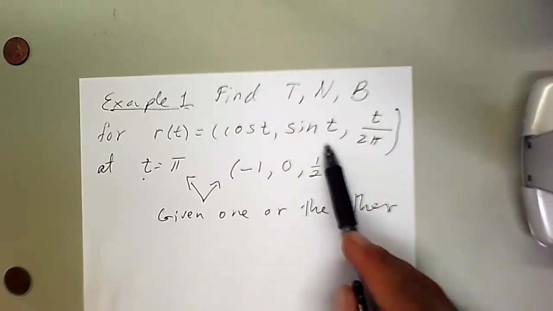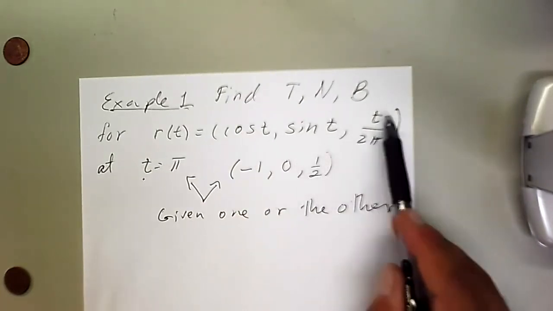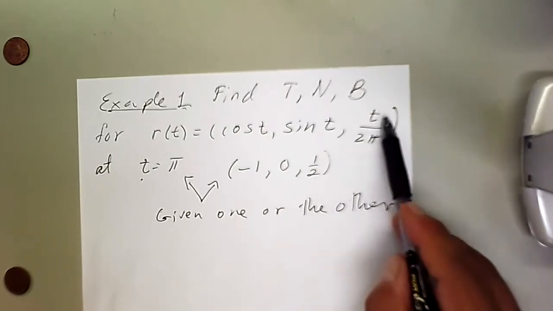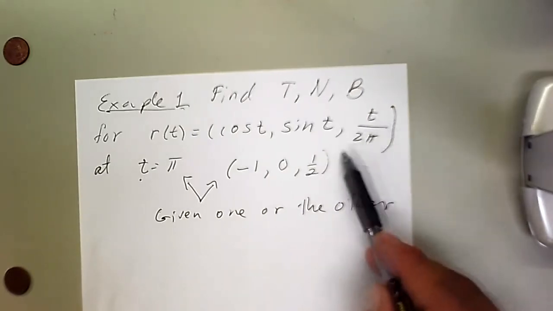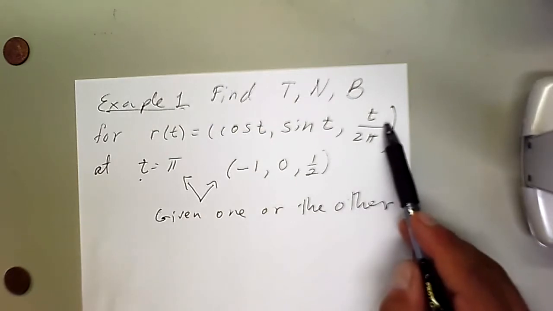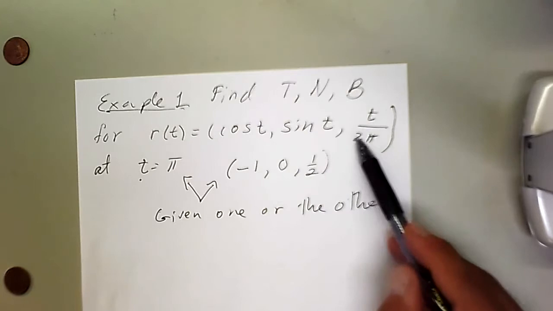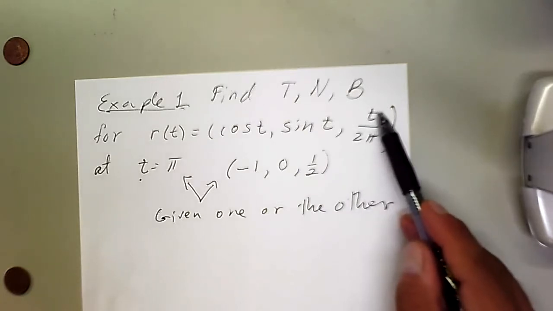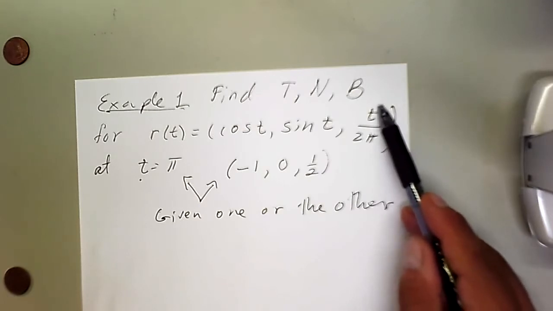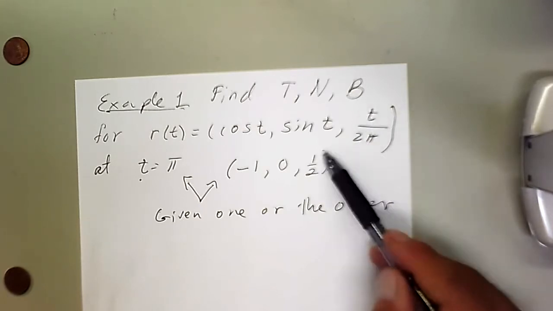For instance, I would clamp onto this guy, because that is a linear function, and in this case it is 1-to-1. So once you know this is a half, you match 1/2 to this, and you realize that t has to be pi, so that when you perform this division, you end up with a half.